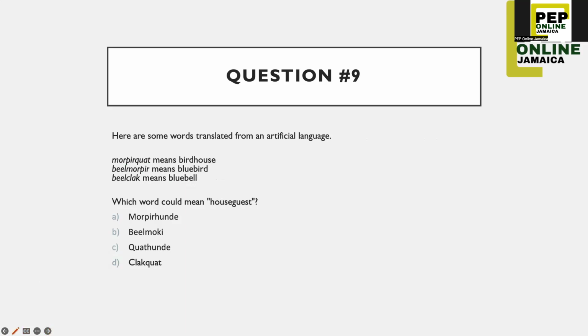Now let's move on. Number 9. We have 3 words again here. The first one represents birdhouse. The second one represents bluebird, and the third represents bluebell. Now the birdhouse, bird is a common thing there, and also blue. So let us pick up where bird is.